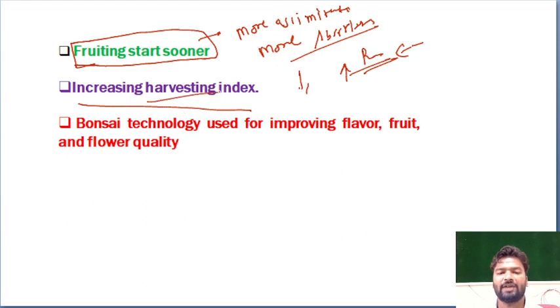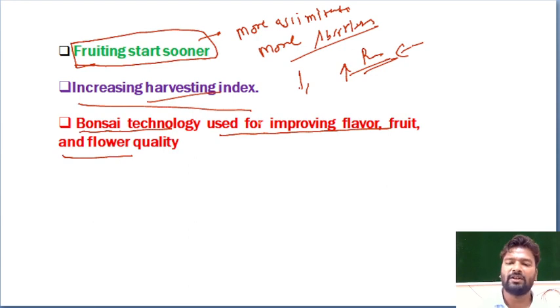So it increases the harvesting yield. And bonsai technology is used for improving flavor, fruit and flower quality. Also, bonsai techniques, meaning shortening of trees, are used for improving flavor, fruit, and flower quality.